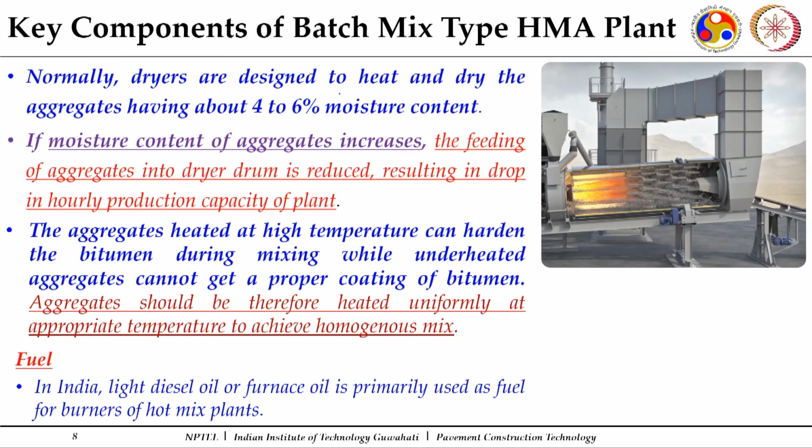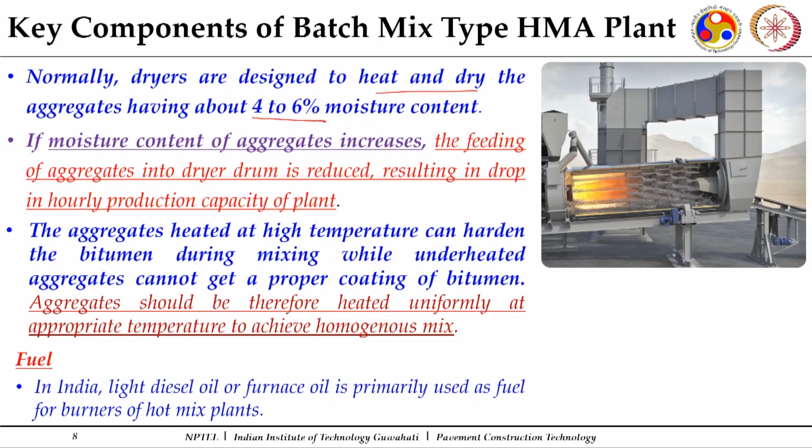The more the moisture content, the more time is required to reach the desired temperature, or the production capacity will get reduced, because if there is more moisture, it will take more time in the dry drum to first dry it and then heat it to the standard temperature. So, normally dryers are designed to heat and dry aggregates of moisture content up to 4 to 6%, and their capacity is also mentioned accordingly.